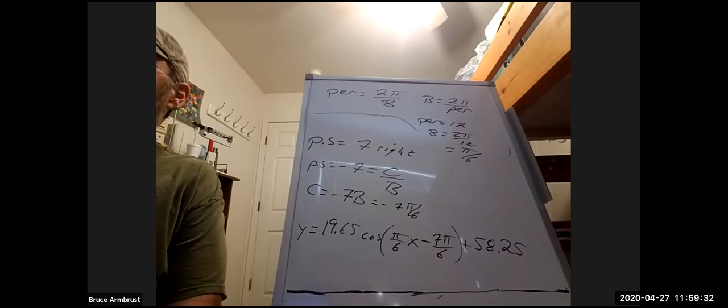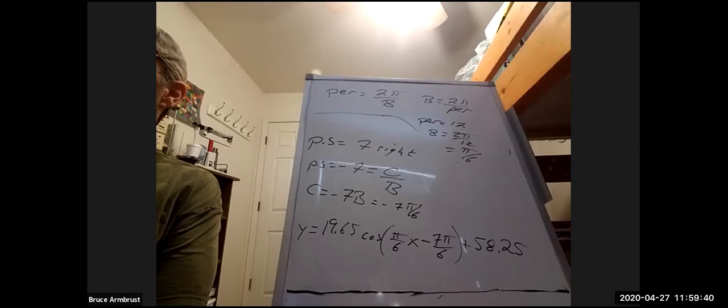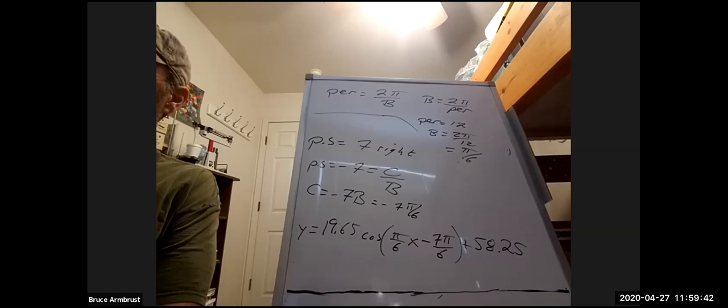So now the question is, how well does that fit our data? So before I go and draw the graph of this on Desmos, any questions on how I got that? All right, seeing none and hearing none, let's go take a peek.